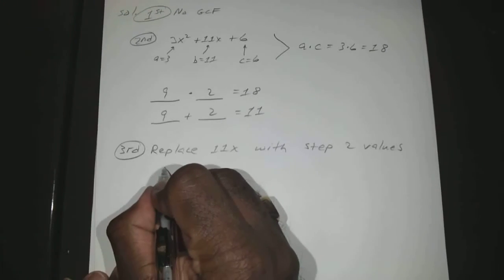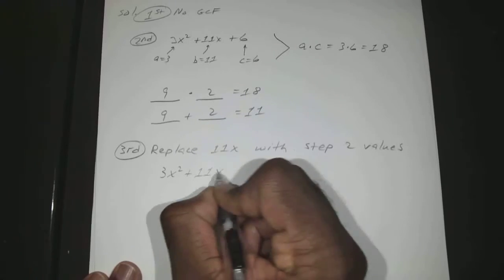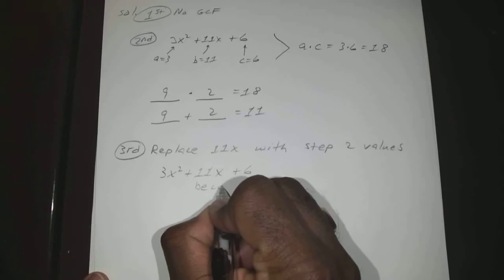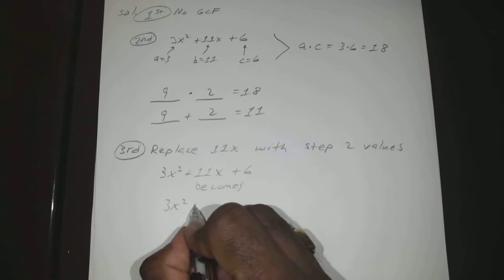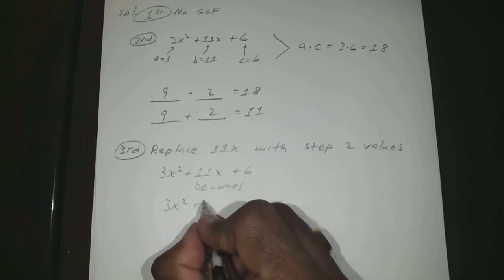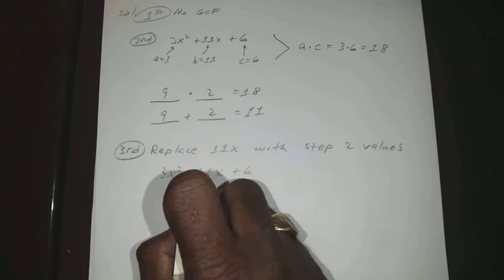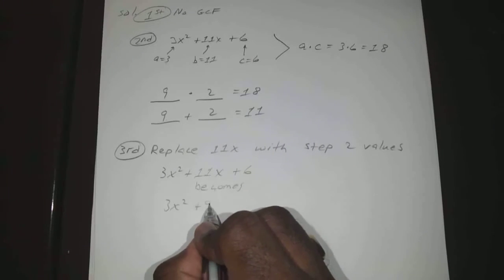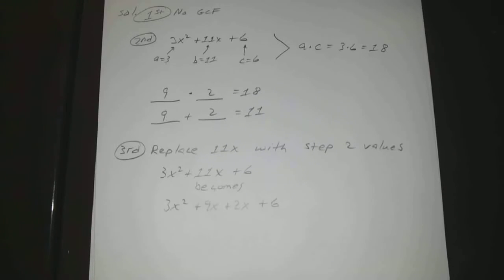Okay, so that means where you started off with 3x squared plus 11x plus 6, you now have 3x squared plus 9x plus 2x. Uh-oh, let me clean that up a little. Plus 9x plus 2x plus 6.